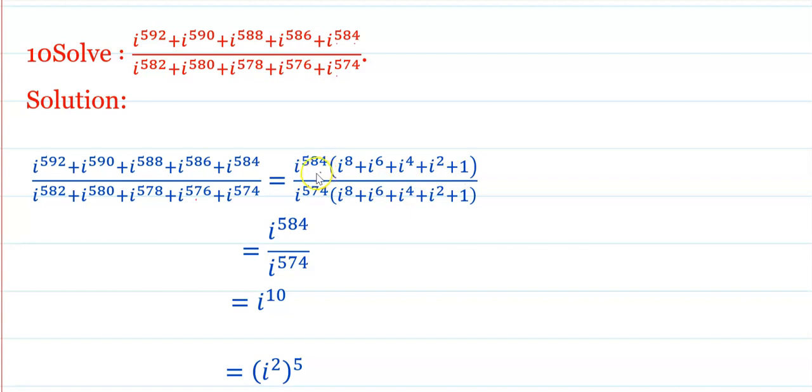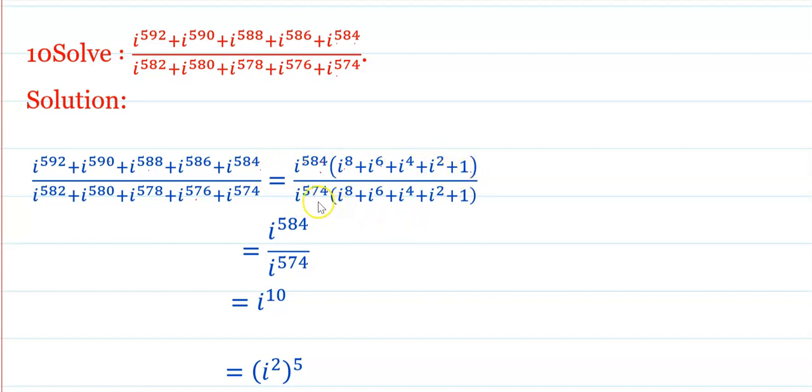Take from the numerator 584 as common. Then 592 minus 584 you are getting i raised to 8. Next 590 minus 584 you are getting 6. 588 minus 584 you are getting i raised to 4. 586 minus 584 you are getting 2, that means i square, and this is the 1.